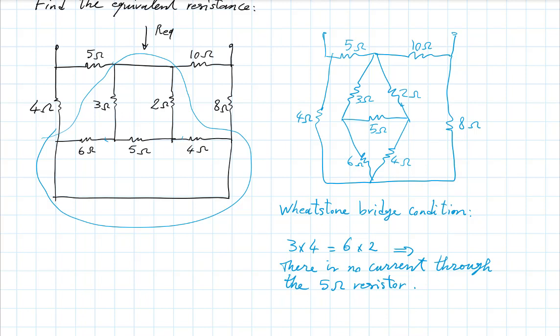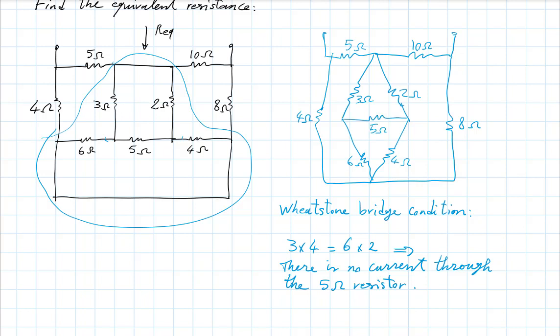And so you can essentially say that that is not there. And so you have 2 resistors in series, another 2 in series, and then the combination in parallel. So you have 9 in parallel with 6 ohm, right? So that simplifies greatly.